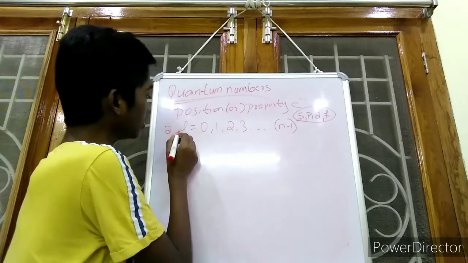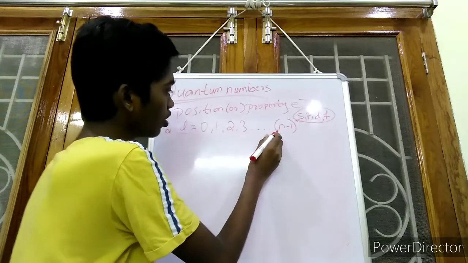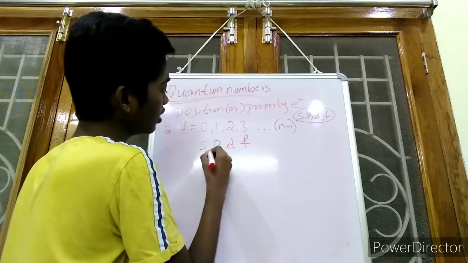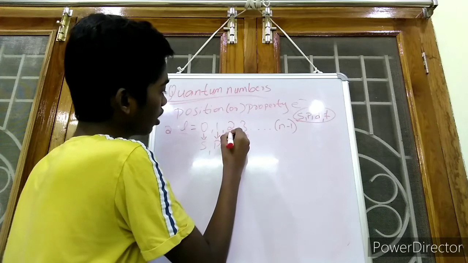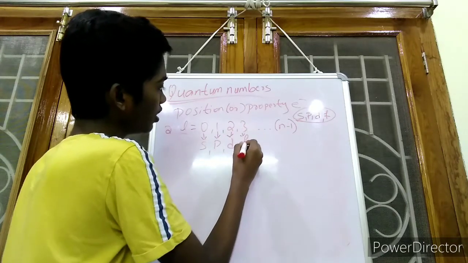The azimuthal quantum number, denoted by l, equals 0, 1, 2, 3 and so on up to n minus 1. Here s, p, d, f are subshells. So s is given by 0, 1 is given by p, 2 is given by d, and the value 3 is f.